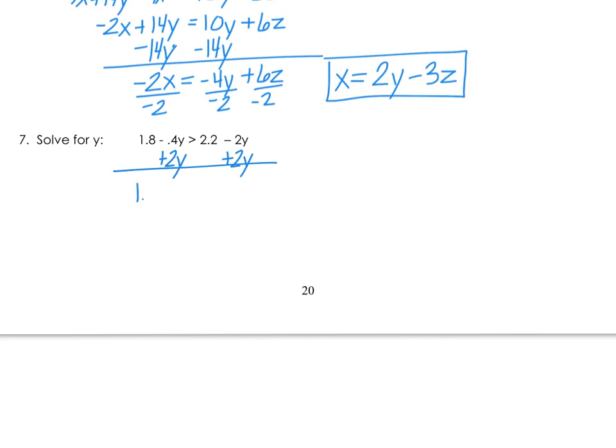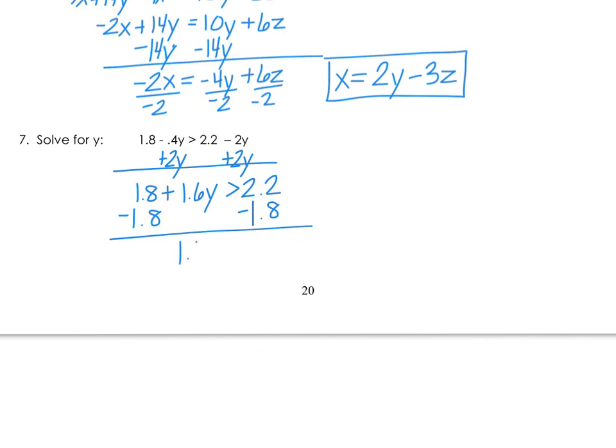And then I have 1 and 8/10 on the left here, plus, when I do negative 0.4 plus 2, I get 1 and 6/10 y, and then greater than 2 and 2/10. Now I'm going to move my constant, the number without a variable, to the other side. So then I have 2 and 2/10 minus 1 and 8/10.